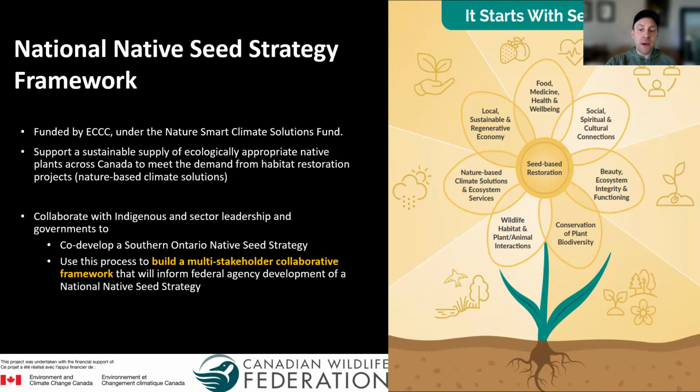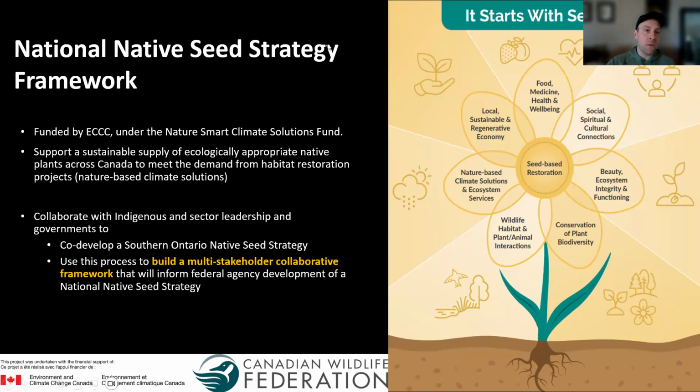So we have convinced the federal government that this is a problem, and for the last year and a half they've supported us in a framework for not just native seed conservation, we've called it a native seed strategy, but really native plant conservation generally in Canada.